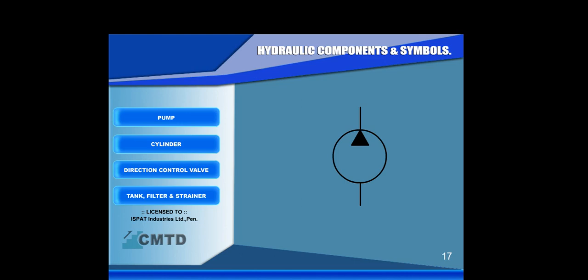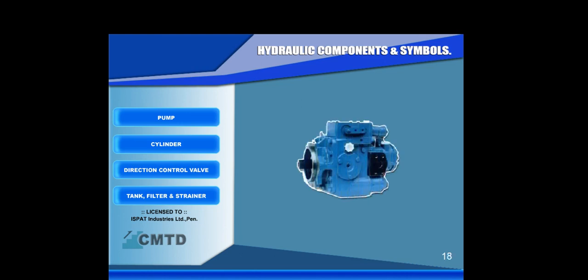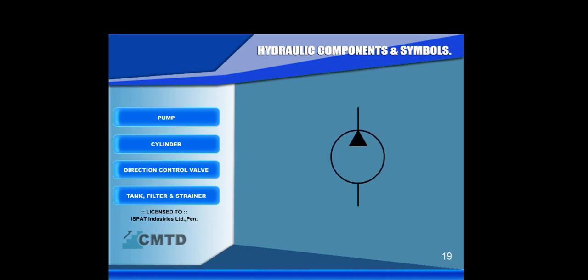Then, different types of pump. This is a fixed displacement pump. Gear pump, vane pump, piston pumps, etc. The symbol is the same for all the different types of pump.